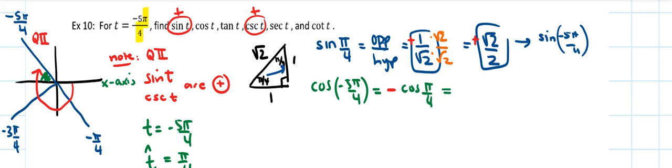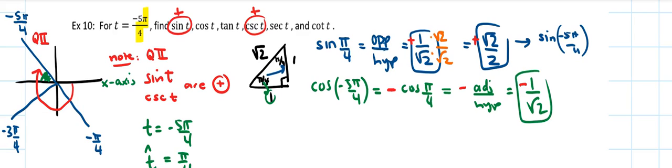And keep carrying that negative sign over. Cosine is defined as adjacent over hypotenuse. And in this particular special triangle, if you are adjacent to pi over 4, you're a 1, and the hypotenuse is square root of 2 again. Don't forget the sign. So that's one version of the answer. And again, if you prefer to rationalize, or if the directions specify, you would have square root of 2 over 2. But do not forget that you need to have a negative sign.